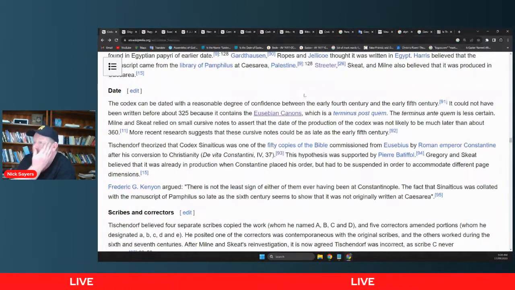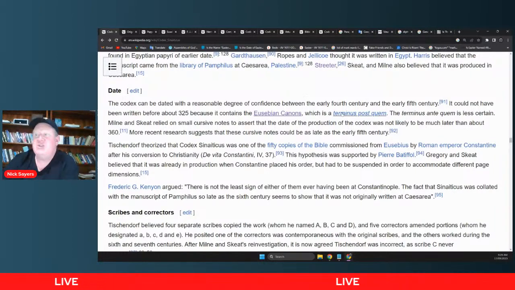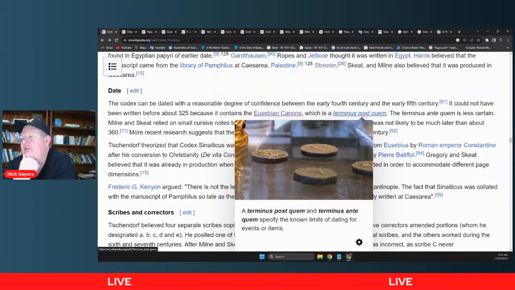It's going to be an interesting thing to go through when we look at dating. It says, which is a terminus post quem. So that specifies the known limits of dating for events or items. I guess it's like, the photocopier was made in 1949, and so you can't have anything being photocopied by a photocopier before then, or else it's anachronistic.